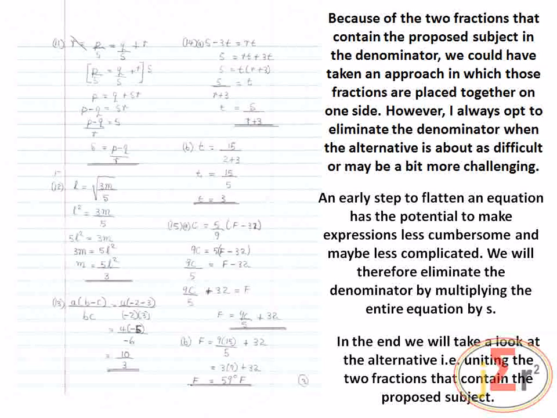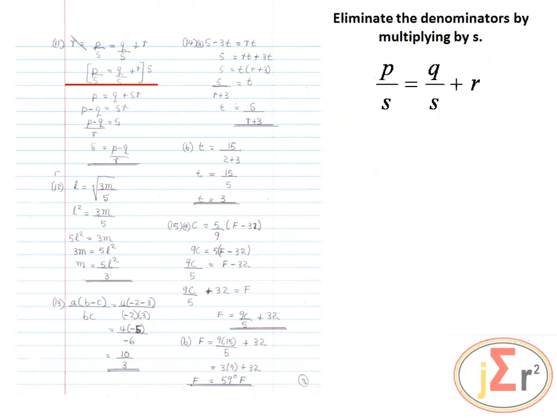In the end, we will take a look at the alternative, that is, uniting the two fractions that contain the proposed subject. Therefore, after eliminating the denominators, we will take a go at the problem again using the other method.